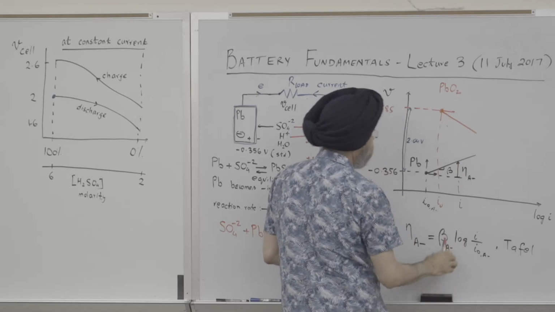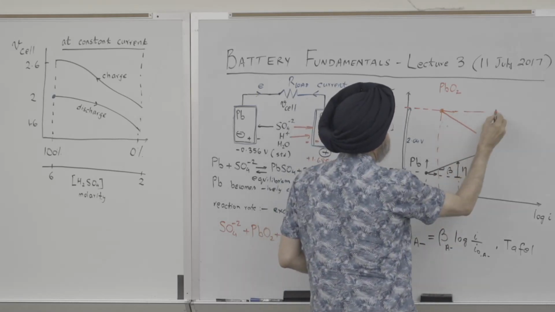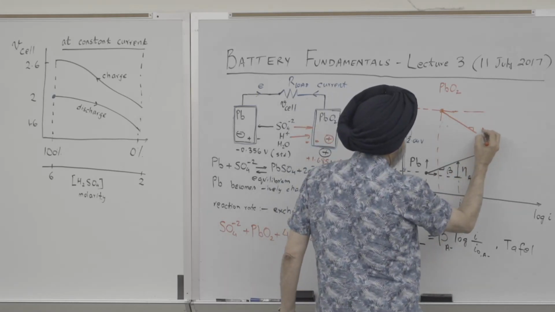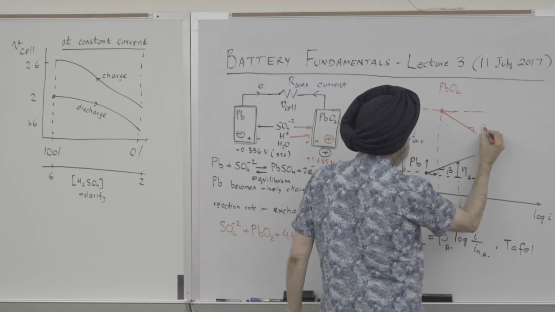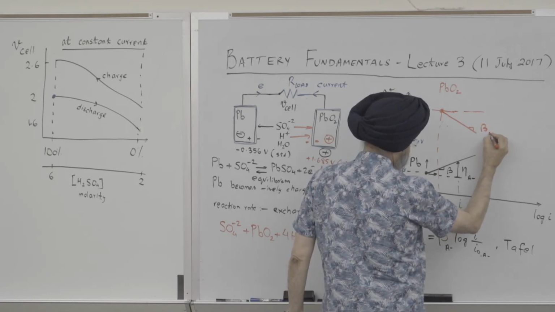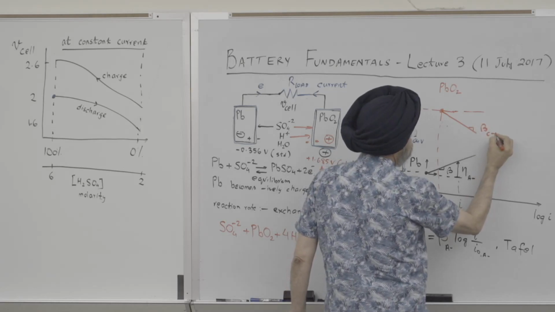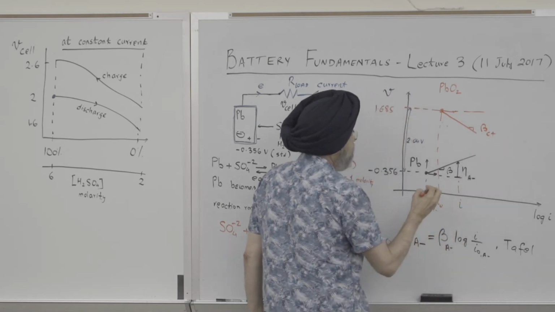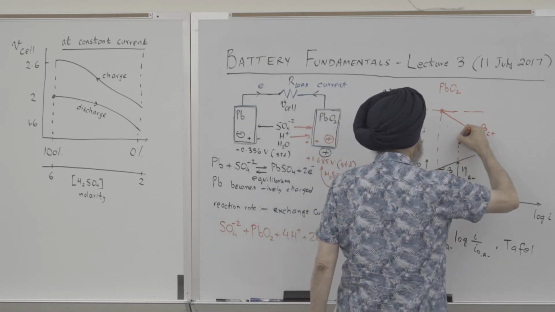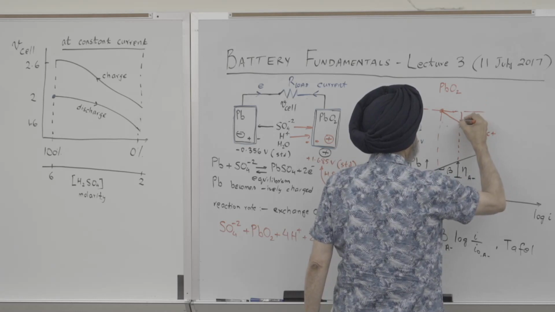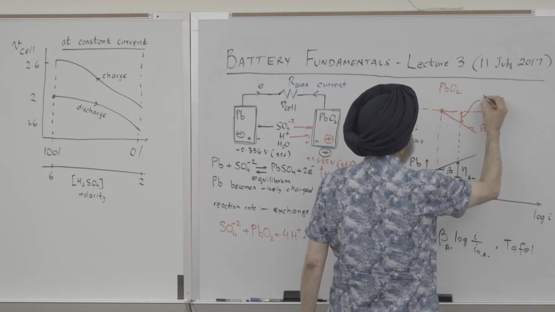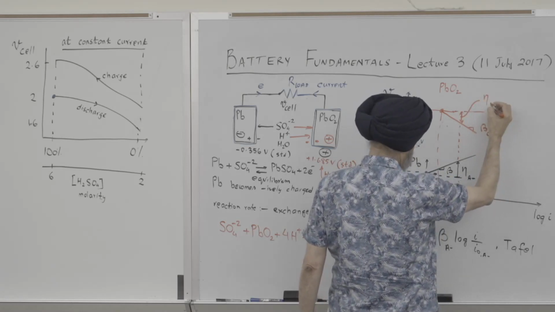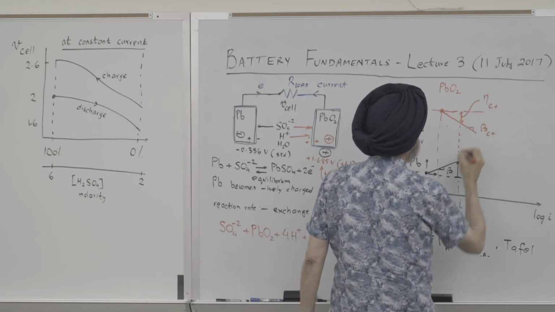So this curve also has a slope, we'll call it beta. It's cathodic and it's positive. And if I were to draw a line over here, this will be eta cathodic plus.